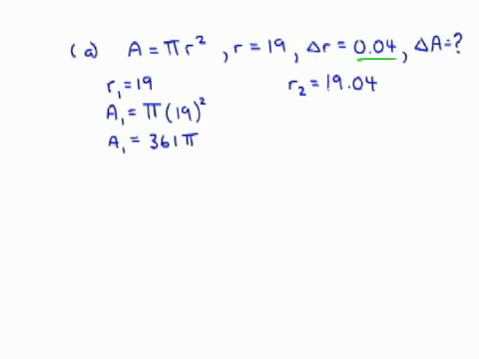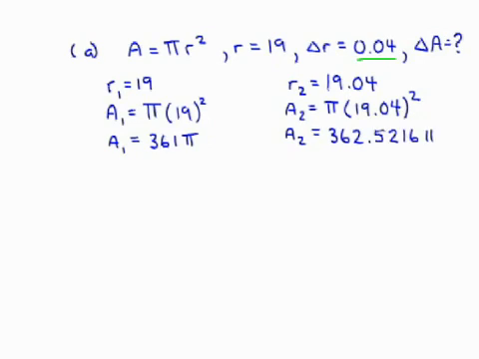A2, our area corresponding to our second radius, the radius 19.04, is going to be found by substituting 19.04 in for r in our formula area equals pi r squared. And when we do so, we find that A2 is equal to 362.5216 pi.